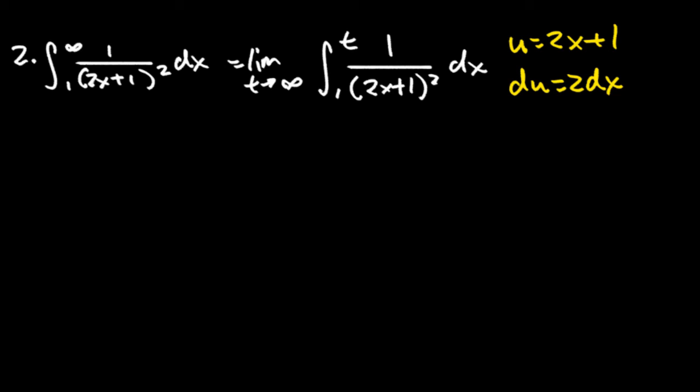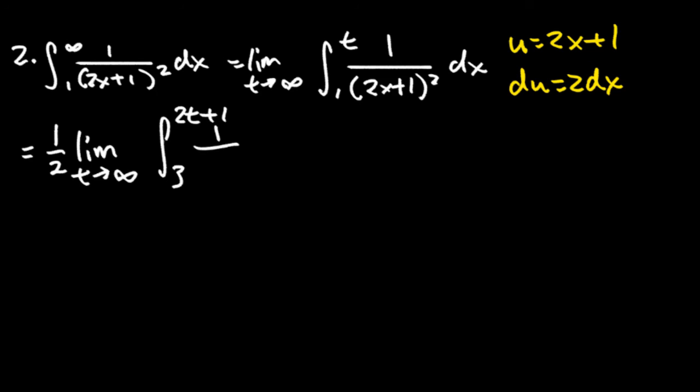So with this, there's going to be a factor of 1/2 going in front, so I'm going to put it way in front. Limit as t approaches infinity of the integral from, oh yeah, we have to replace that. So 2 times 1 is 2, plus 1 is 3. And then 2t plus 1. 1 over u squared du. Coincidentally, the same thing that we got up there, basically.